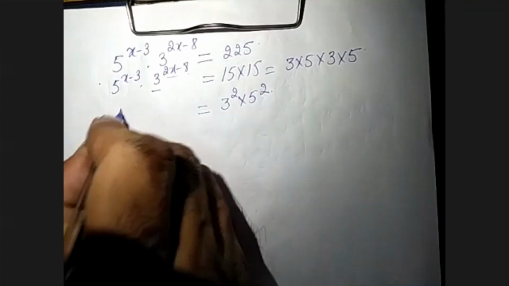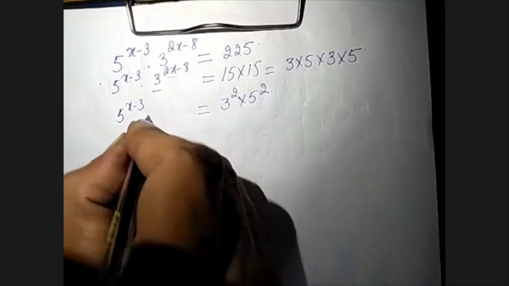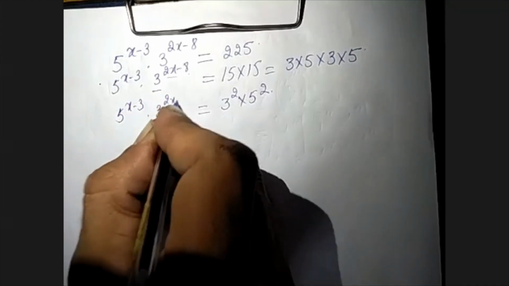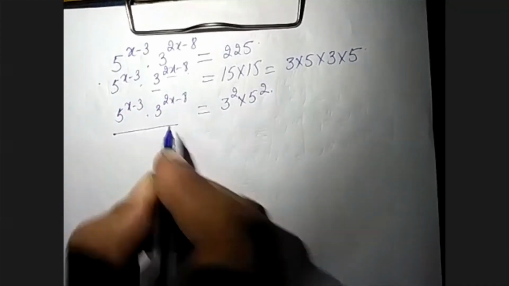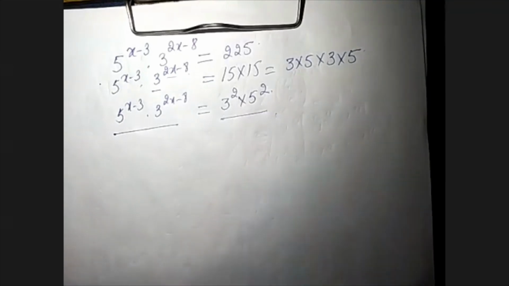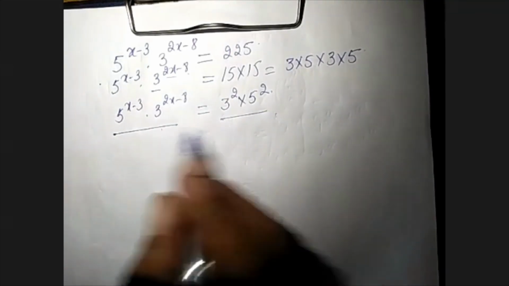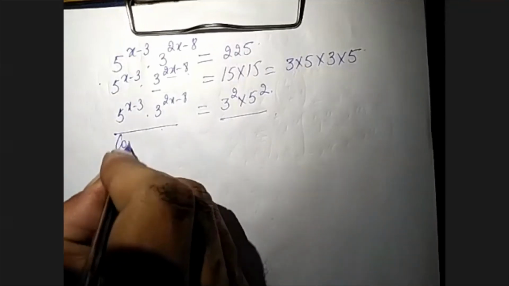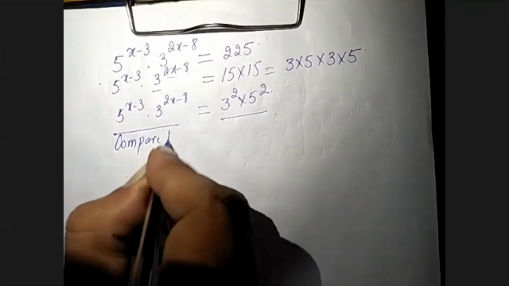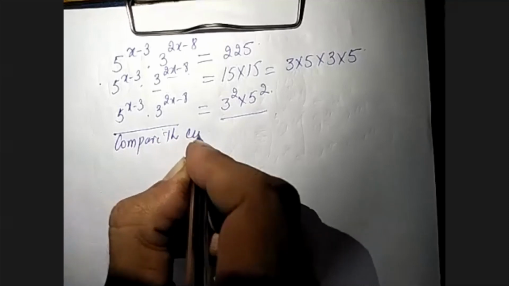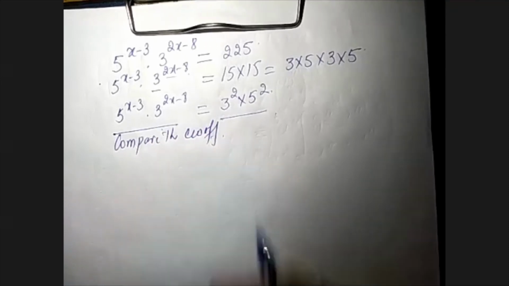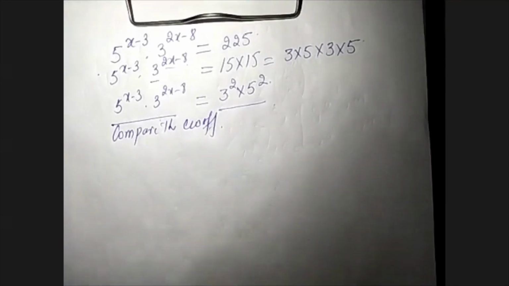Now what does this equation give me? It gives me that the left hand side can only be equal to right hand side if the values are equal. So we say compare the coefficient. So we write compare the coefficient on the left hand side and the right hand side.